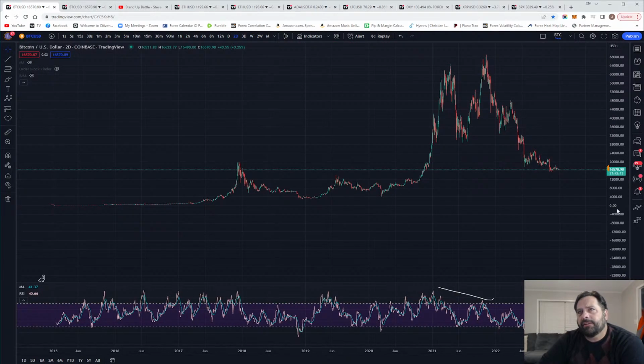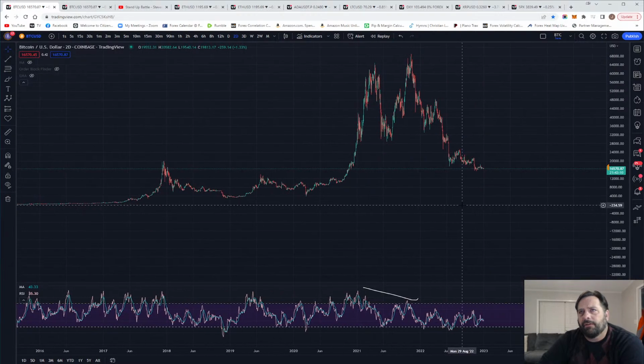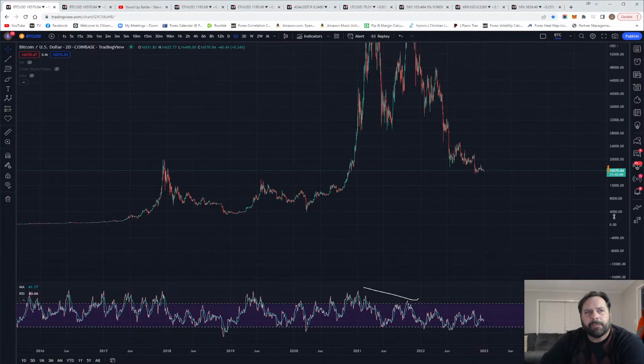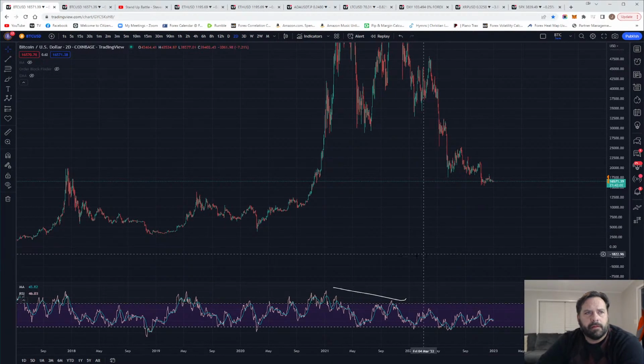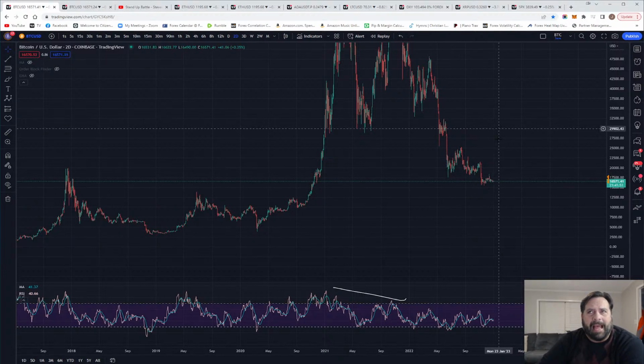Just looking macro at this wave, simply. We didn't start with a 5-wave from the bottom. No, we started with 3. It doesn't have to be 5 because this is a flat here.